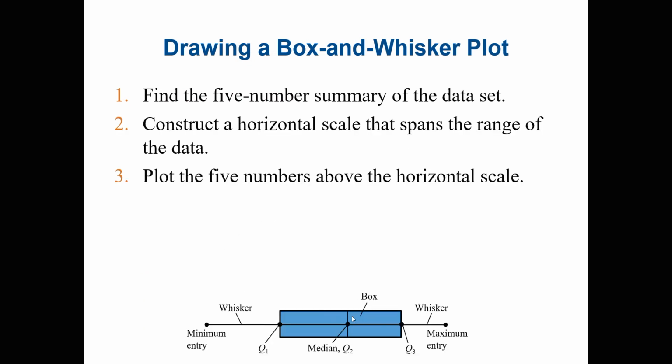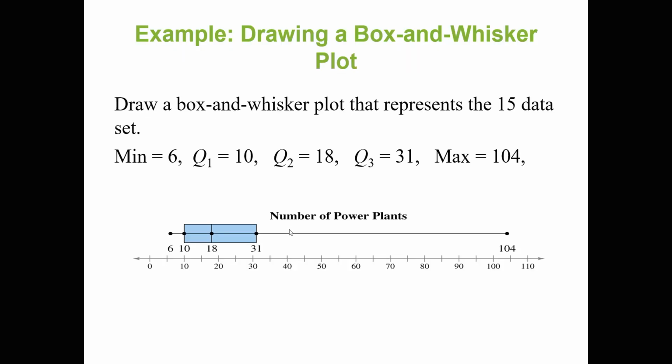So this is your box and whisker. You have the minimum, you have the max, you have the first quartile, second and third quartile, and your box is your interquartile range, which goes from Q3 to Q1. If you take the data set we've been using, you'll find that your minimum is 6, max is 104, your Q1 is 10, Q2 is 18, and this one is basically 31.